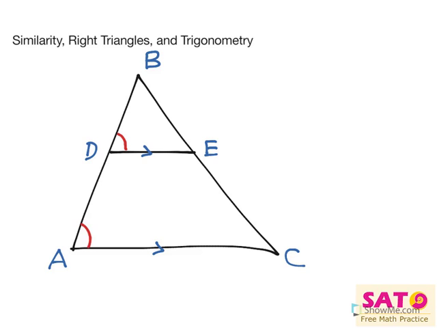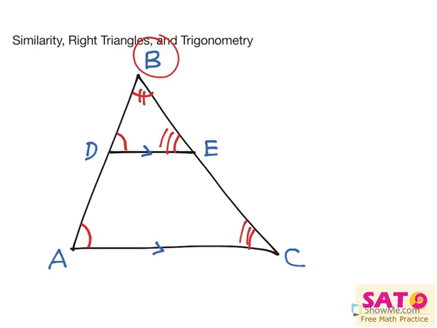So angle D is congruent to angle A by the corresponding angle theorem, and another way to know that the AA theorem works here is that both triangles share angle B, so they both have two angles in common, which also means the third angle is the same.